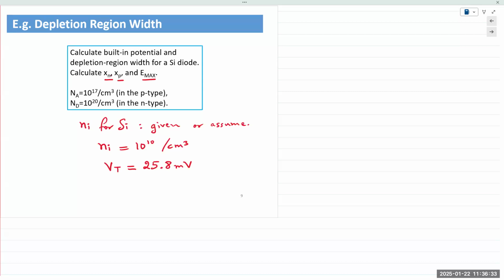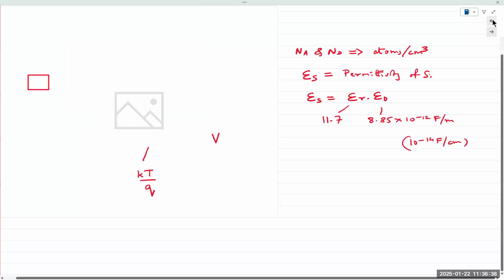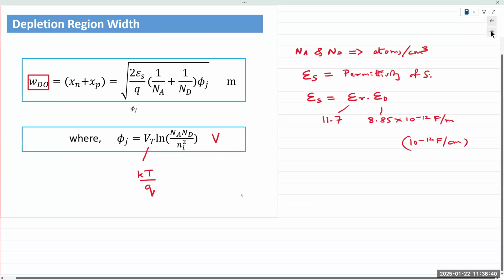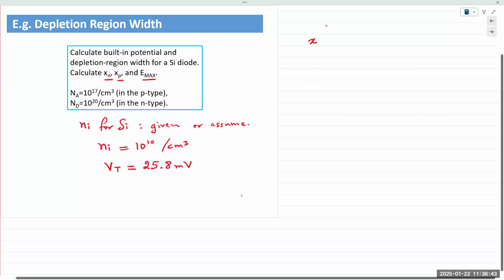Let's see, I thought I had equations for Xn and Xp. Okay, I'll write it out here anyway.